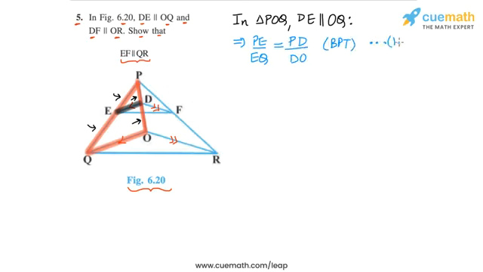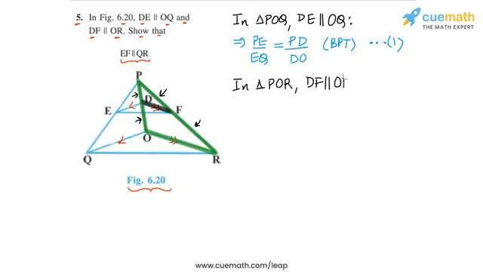Let's call this equation 1. Next we consider triangle POR. In triangle POR we have DF parallel to OR, and this means that PF by FR is equal to PD by DO. Again, this is using the BPT, and we call this equation 2.